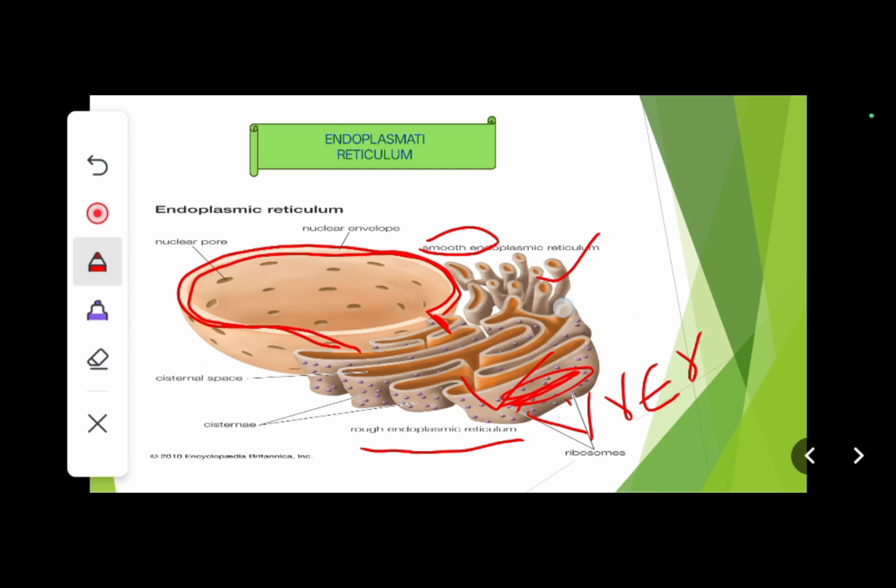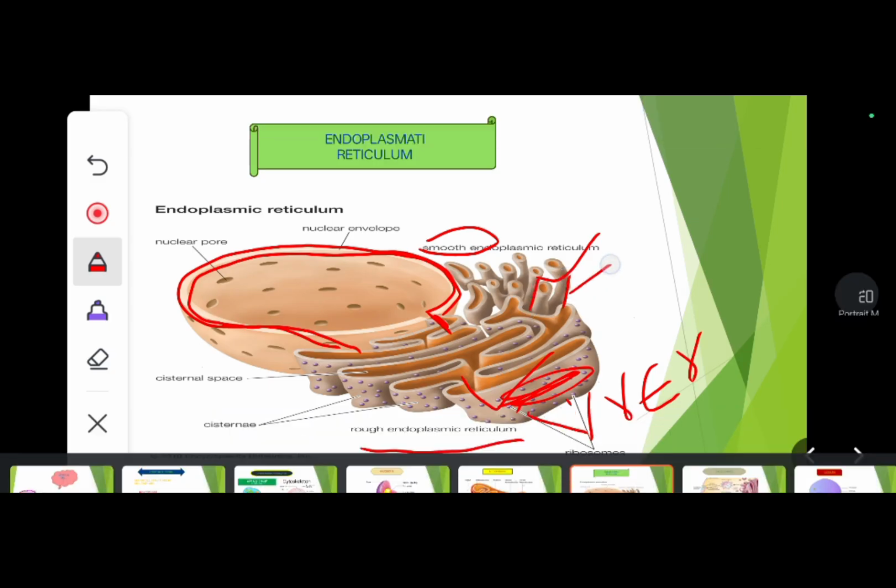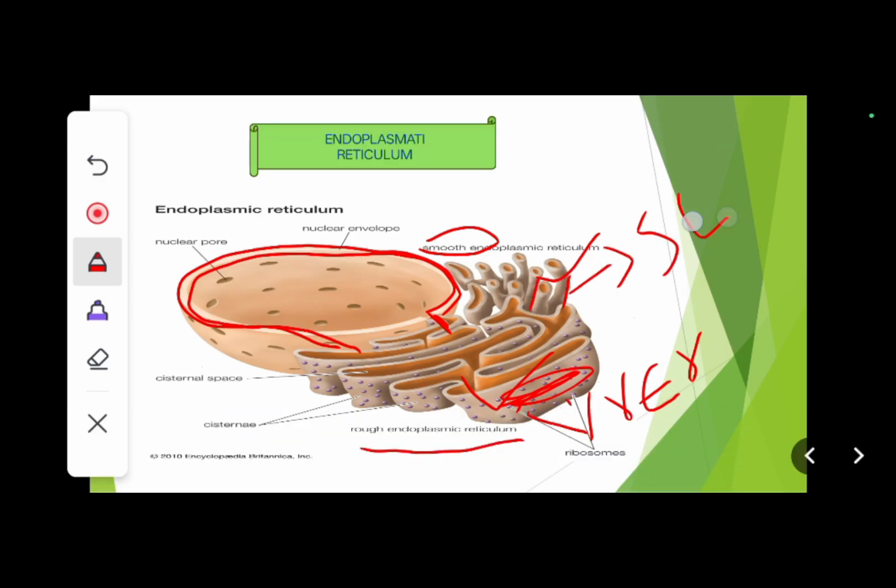Without these ribosomes, the small tube-like structures are known as smooth ER. That is the major difference between them.